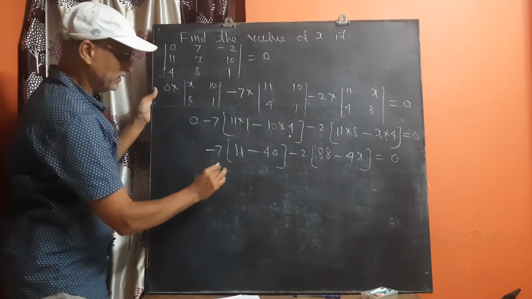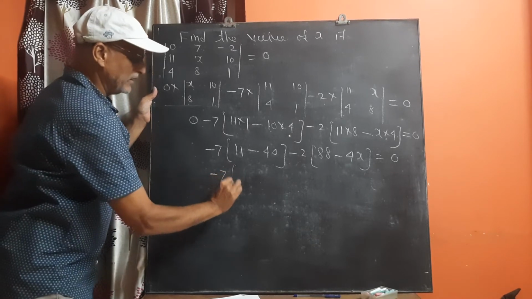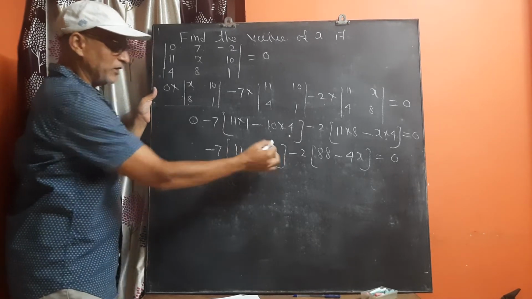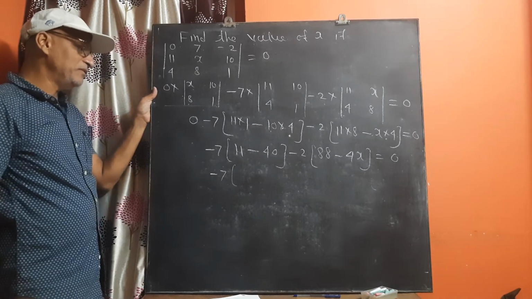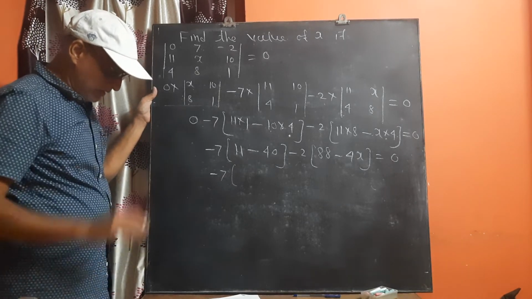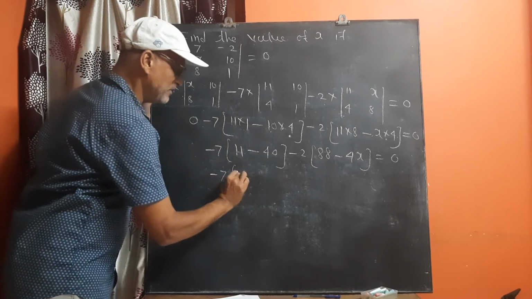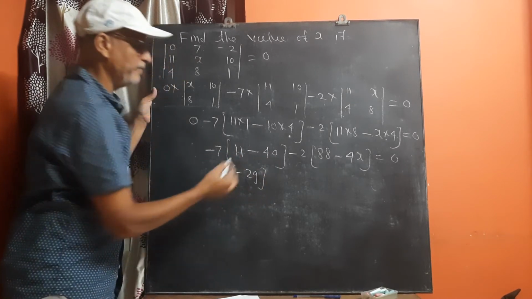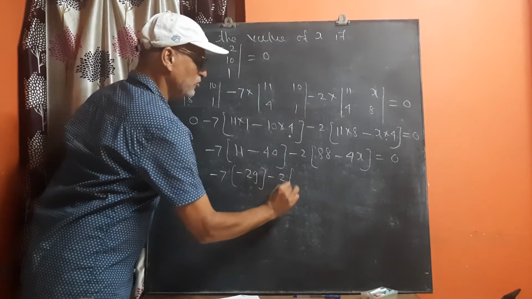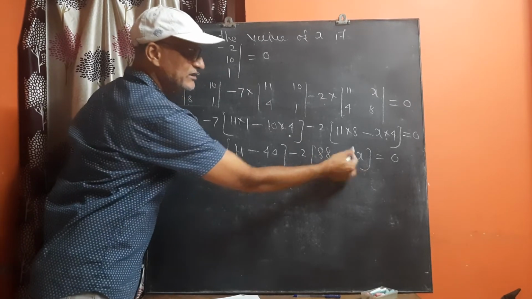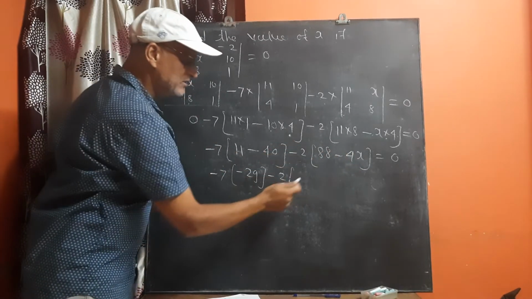Now again simplify it, we get minus 7 into 11 minus 40, that is minus 29, minus 2 into 88 minus 4x, आपका directly नहीं होता है, so you simplify this bracket.